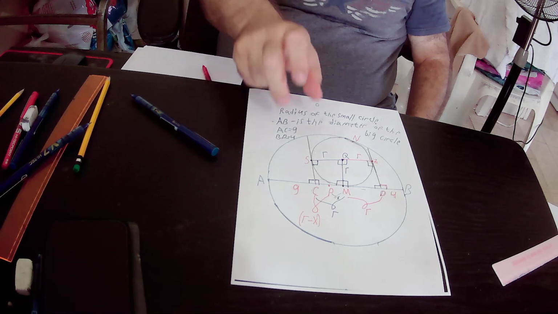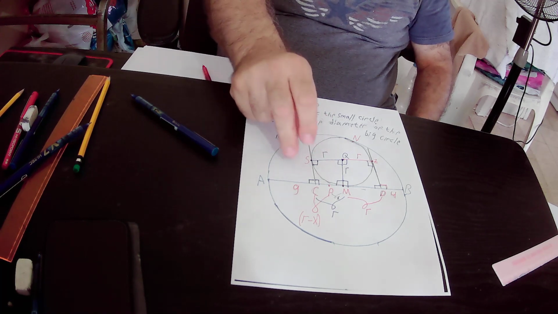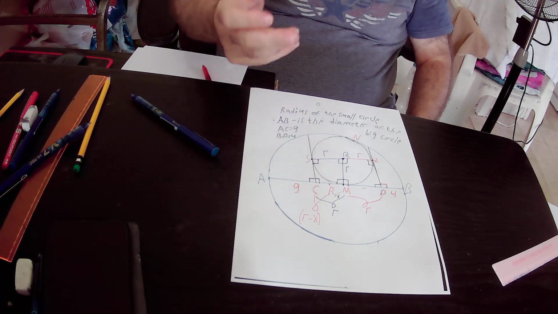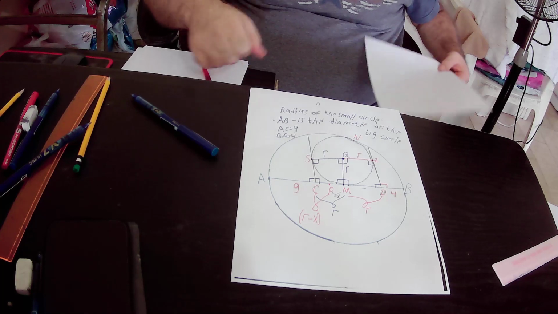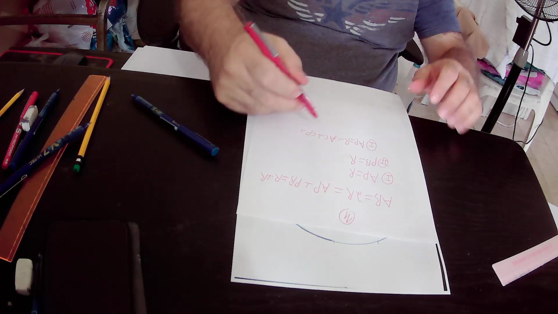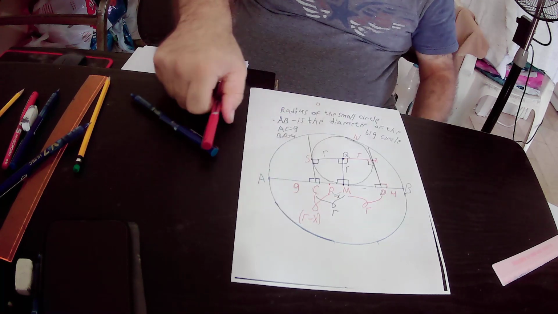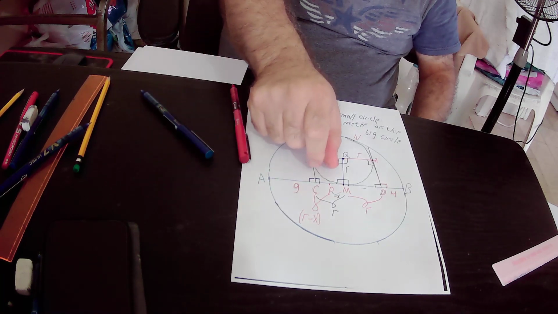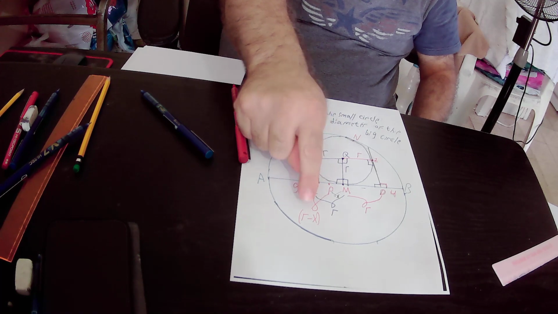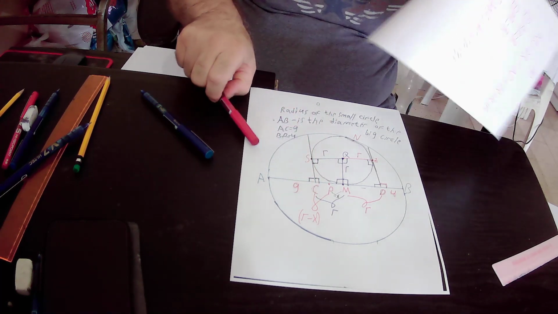But what is the value of AC? AC equals 9 units according to what is given in the question. And what is the value of CP? We have already found out that the value of CP is small r minus x.